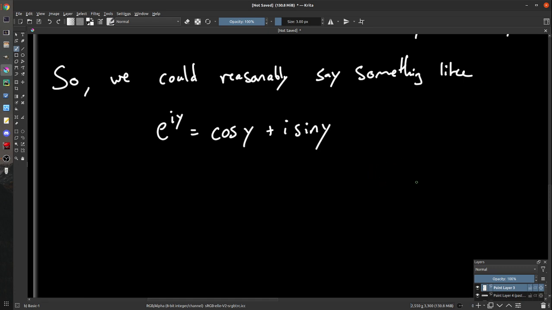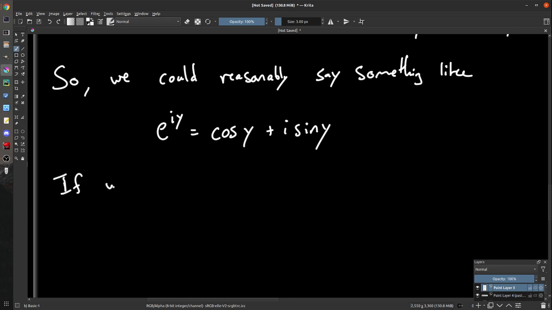We can't reasonably say in the sense that like this is true at this point. We haven't proved it to be the case. We haven't described what it means, but at best we could reasonably define this to be that. But we will eventually later show that there is a good notion of convergence in C, and that the function that we're defining now works this way. So we could say something reasonably like this.